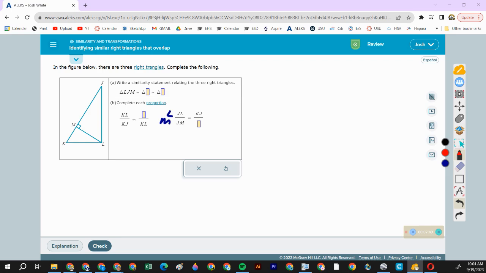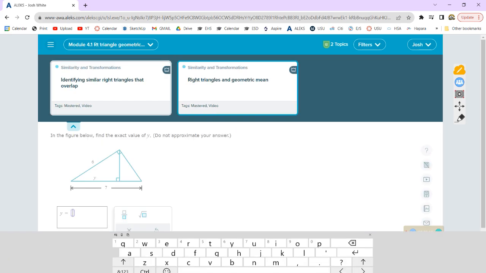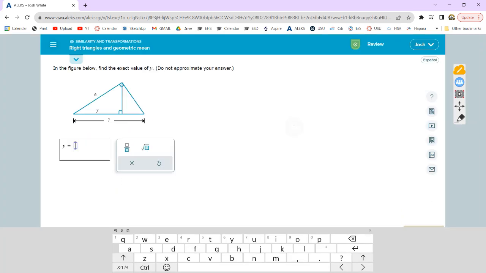KJ, so KJ is the long side of the big triangle, so we need to divide it by the middle side of the big triangle, which is going to be JL. Okay, got it? All right.